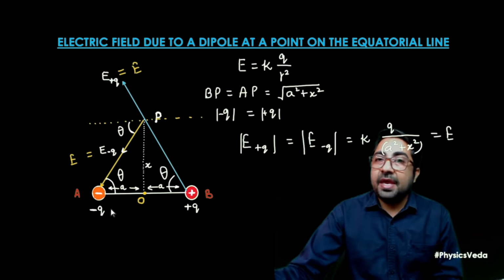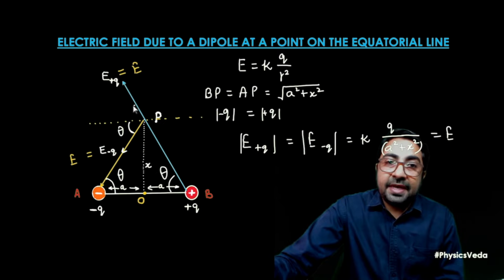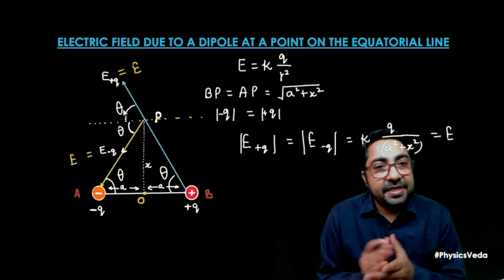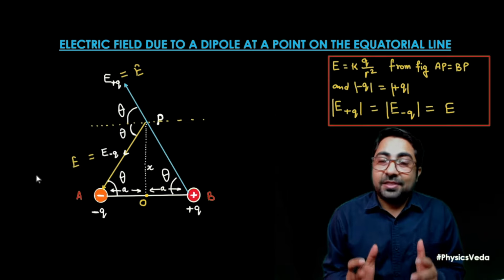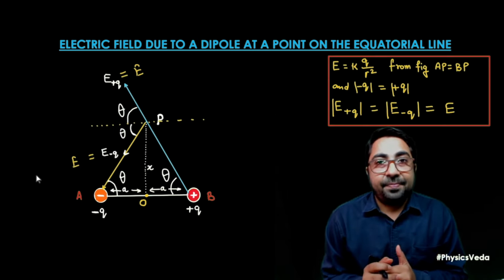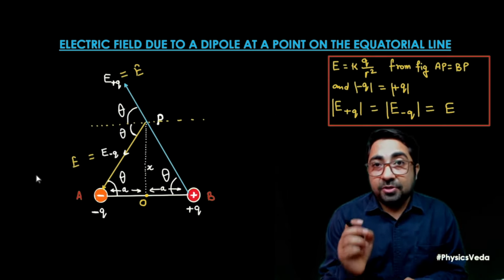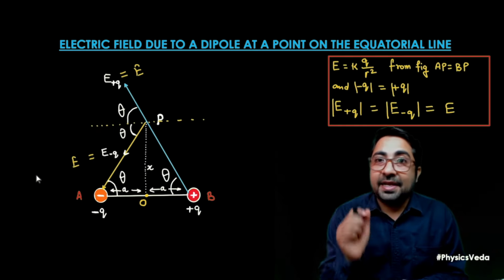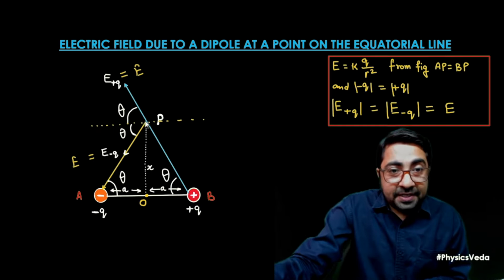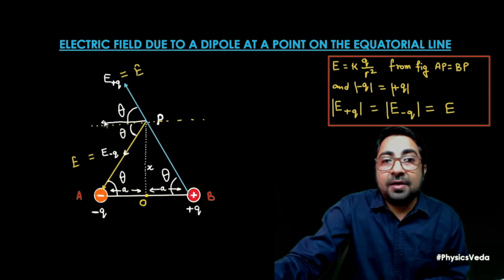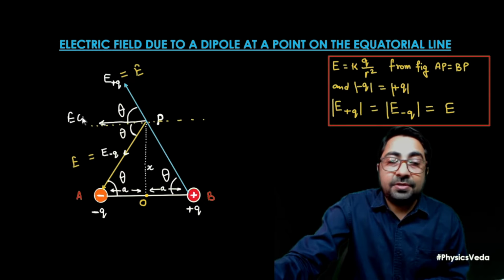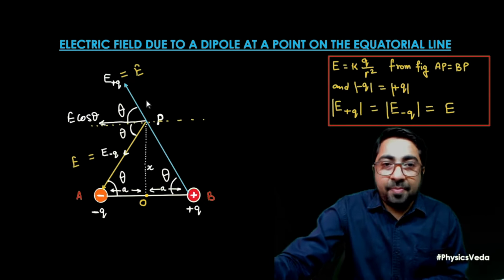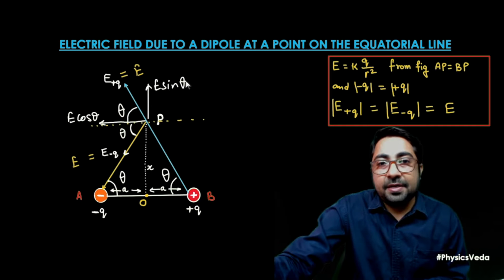When PBA is theta, this angle is the corresponding angle, so this is also theta here. Now we can split the components of the electric field. The electric field due to the positive charge has, along the reference line, a component E cos theta, and the perpendicular component is E sin theta.